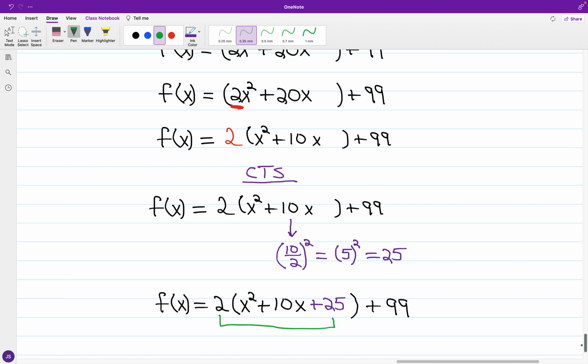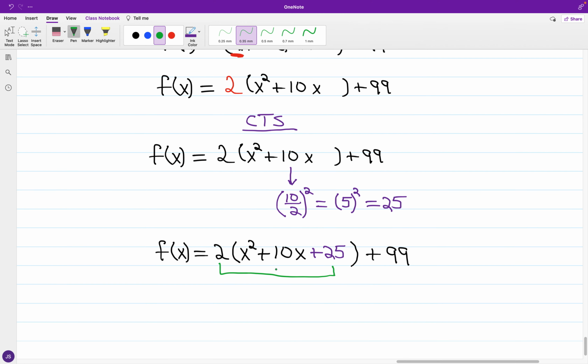And guess what? If I had just x squared plus 10x plus 25, with no leading coefficient at the front, I'd have just been automatically taking 25 away. But with this 2 out the front, as I'm adding 25 within, I am adding overall 2 times 25. So you have 2 times plus 25, so I'm actually adding 50.